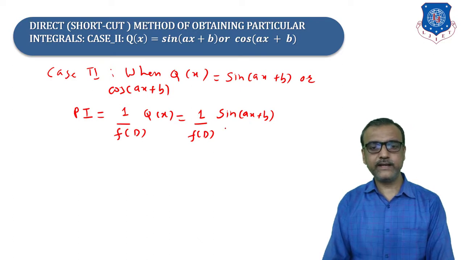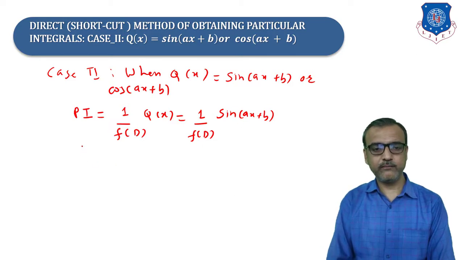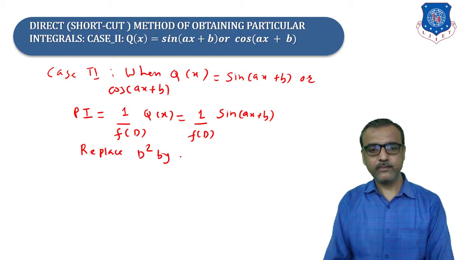To find PI in this case, in f of D we will replace D square by minus a square.